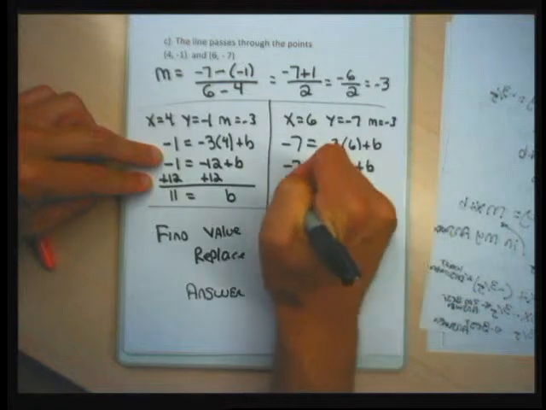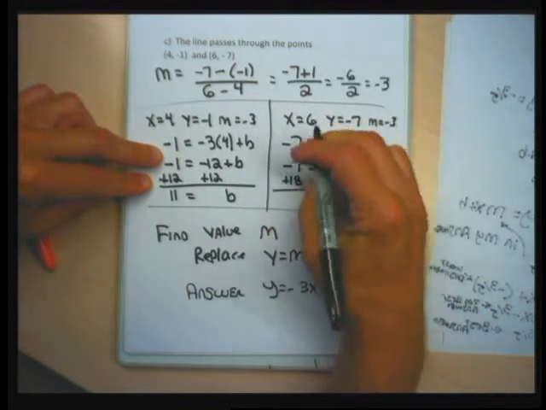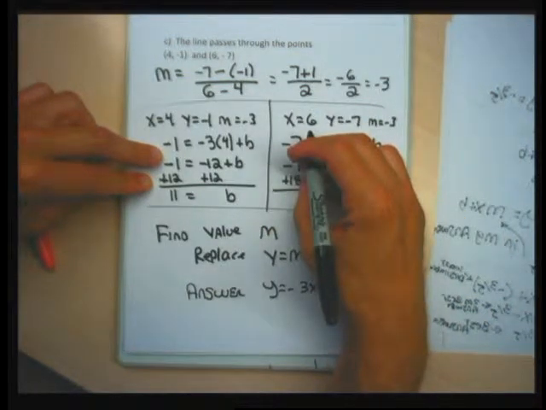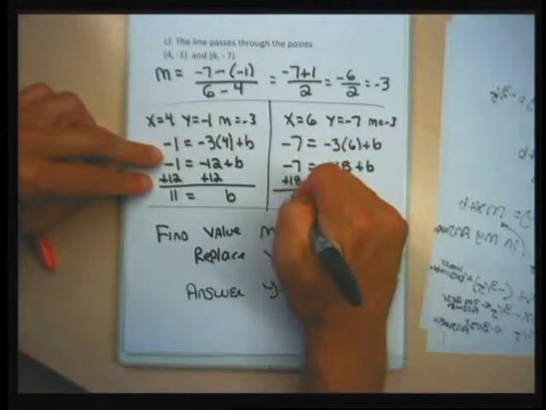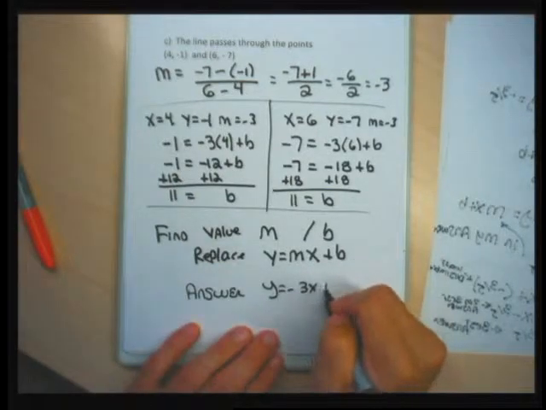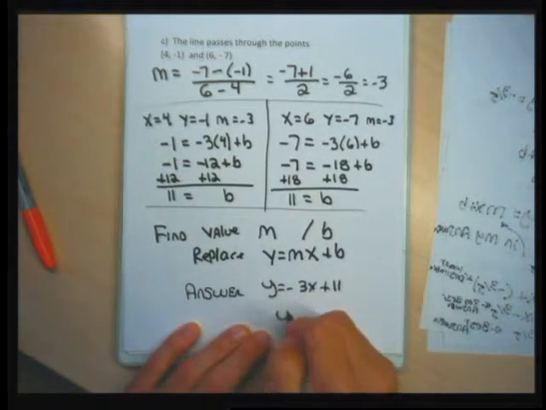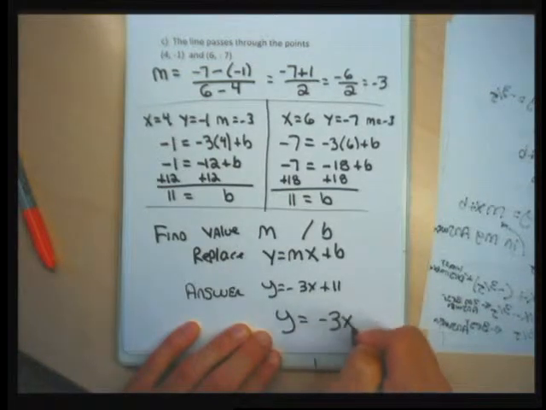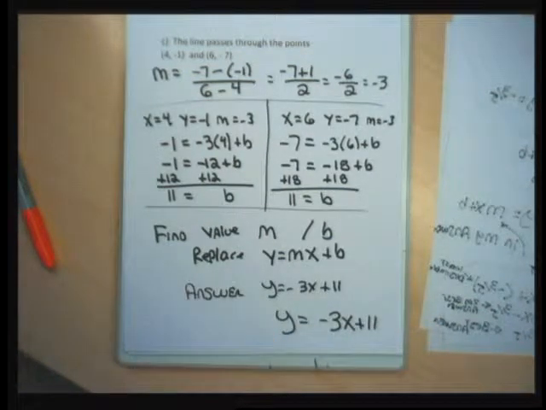And you have to add 18 to both sides. Minus 7 and 18 have opposite signs, so I have to subtract and take the sign of the larger, and I get 11. On the right side, the 18s cancel, and I get my b. So in my answer, I'm going to replace the b with a positive 11. So I get y equals minus 3x plus 11 for my answer.